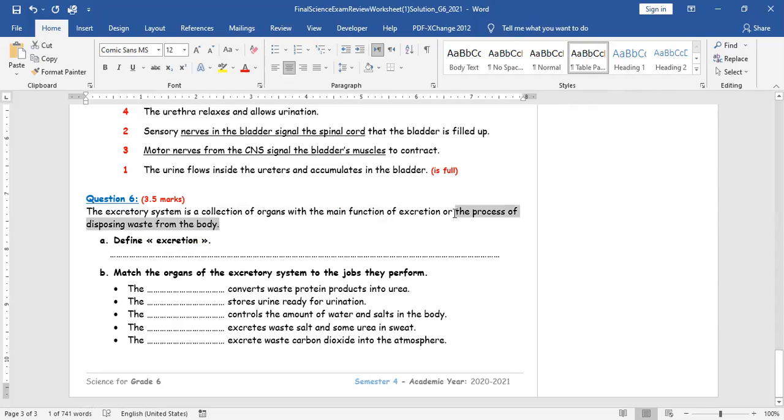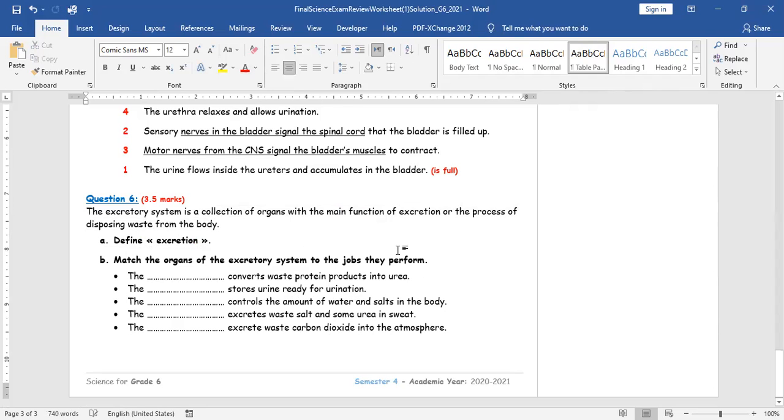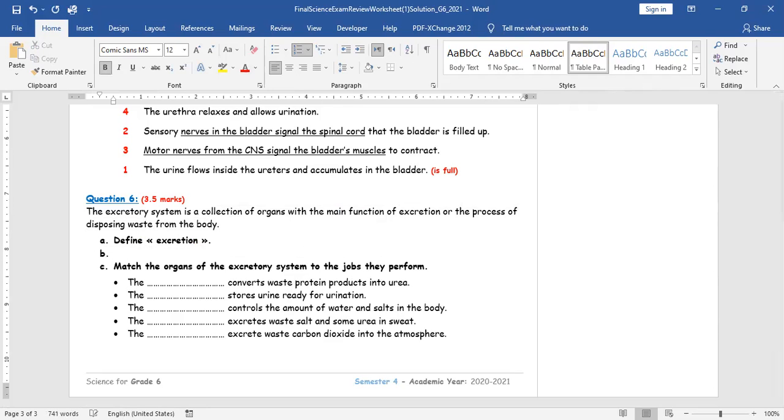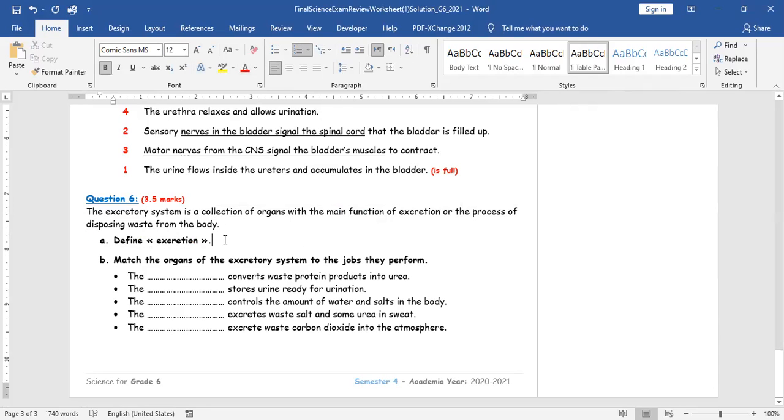So this is written in the text. So by excretion, we eliminate wastes from the body.